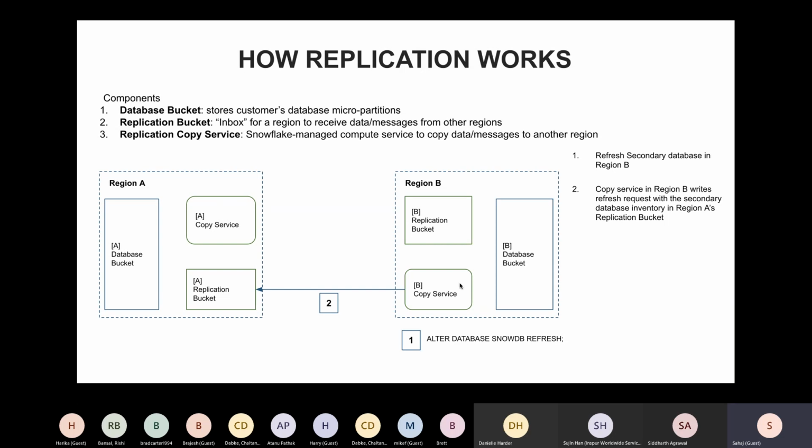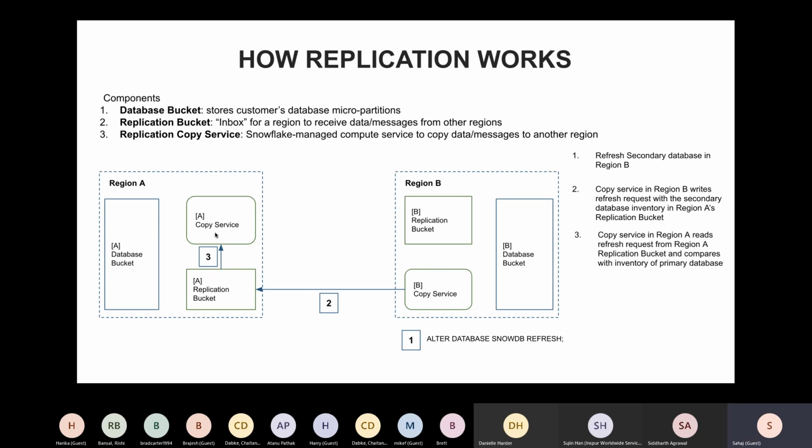And here's what I have so far. So right now, the secondary database has nothing. It is blank. So it'll tell region A that, hey, I have nothing so far. So figure out what you need to send me so that I have the current set of data.